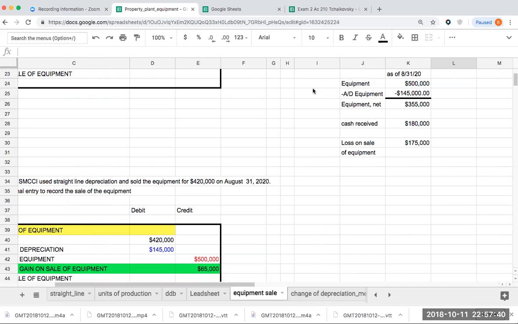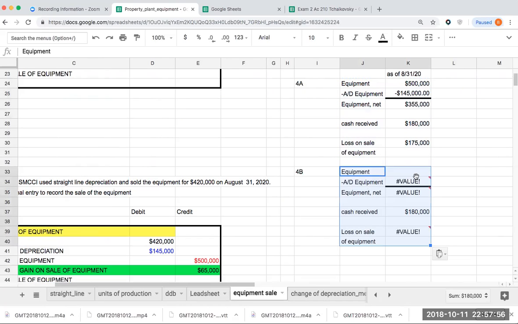And let's take a look at how this changes up here. So basically, this is problem 4A. If I look at 4B, my equipment is still going to be 500. My accumulated depreciation on the equipment is still going to be 145, but my cash received is 420,000.